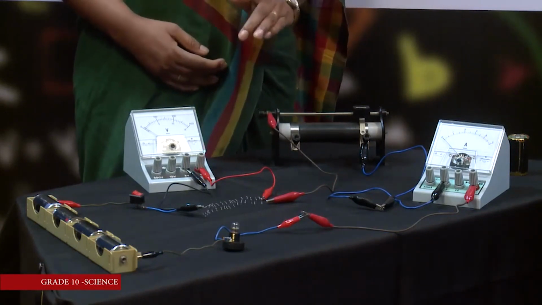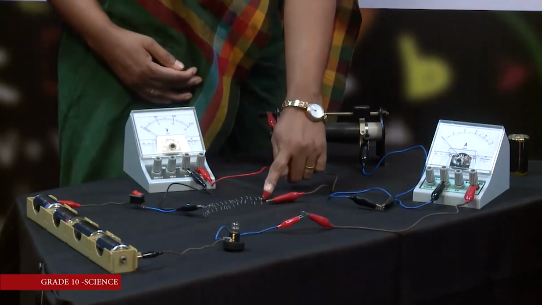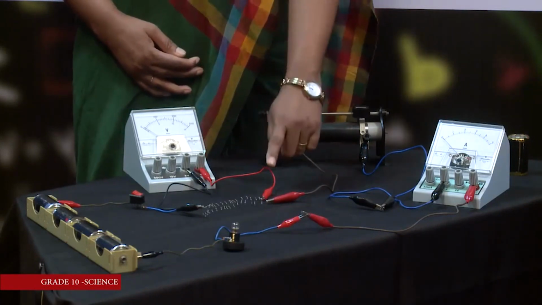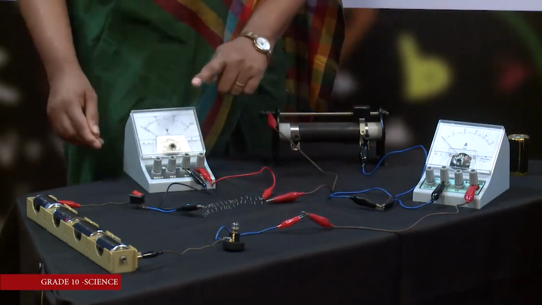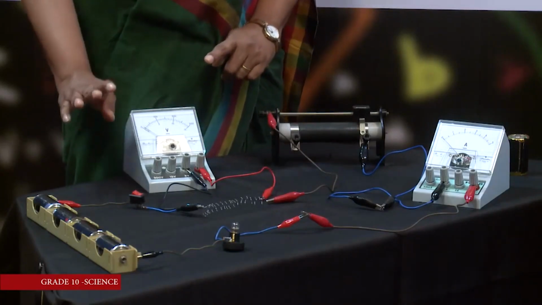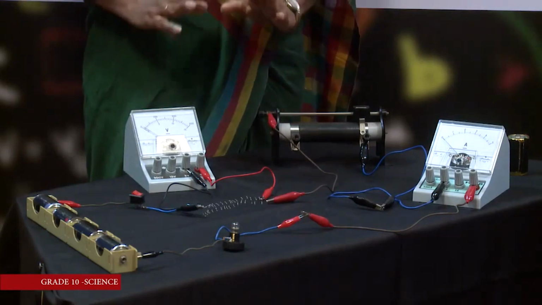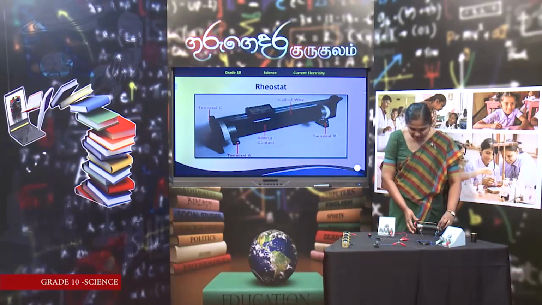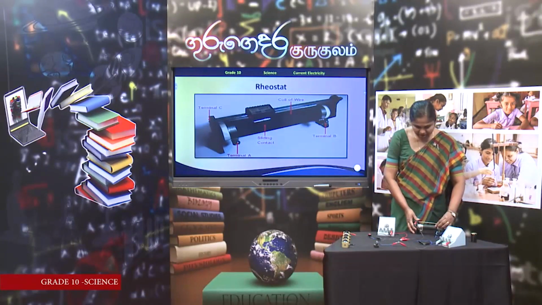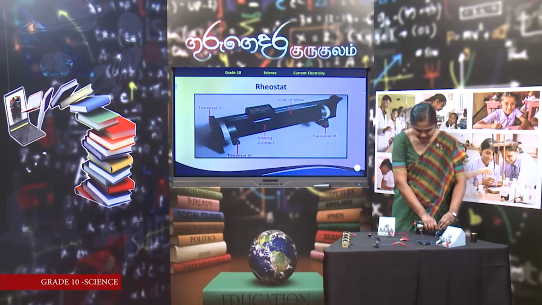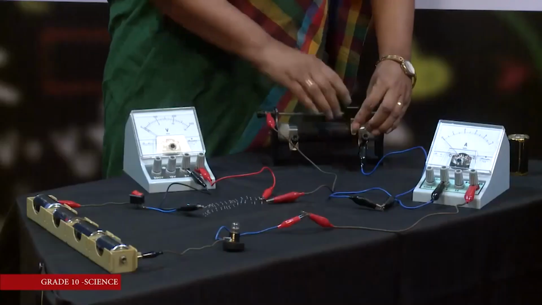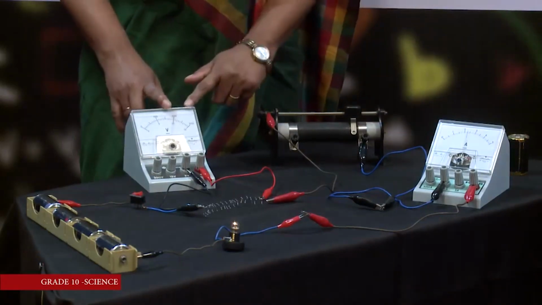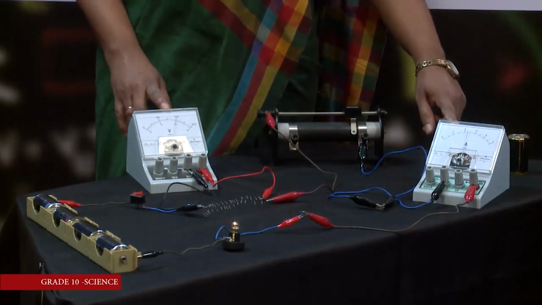We must keep the temperature of this coil constant throughout this experiment. To keep the temperature constant, we have to switch off the circuit and keep a few minutes to cool down this nichrome coil. Then after adjusting the rheostat to a certain level, again we can switch on the circuit and record the 2 readings of the voltmeter and ammeter.